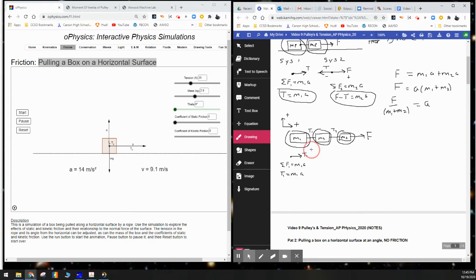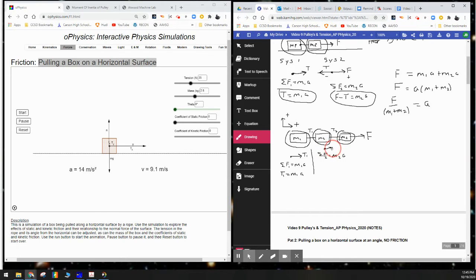All right. Now we're going to draw a little line here. System 2 now. So we have here T2 going in this direction, T1 going there. The sum of the forces on system 2 is going to be M2A right here. Now, here's my free body diagram.